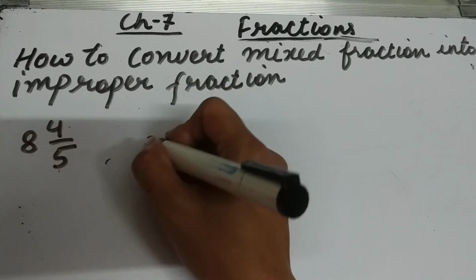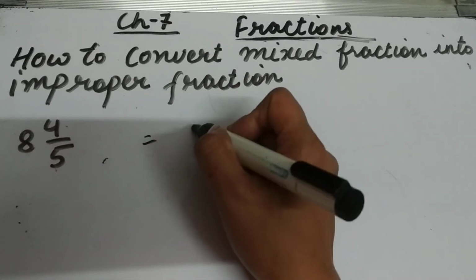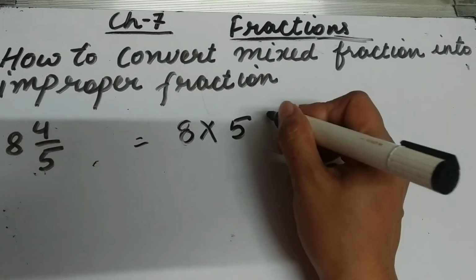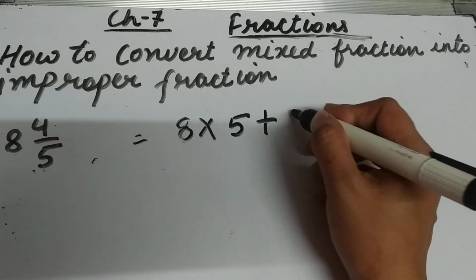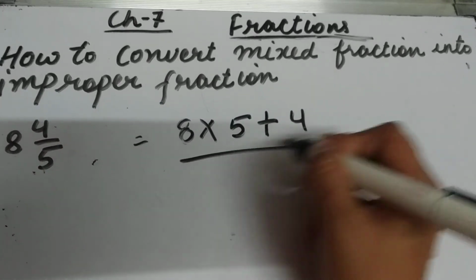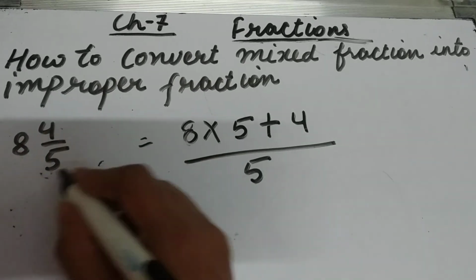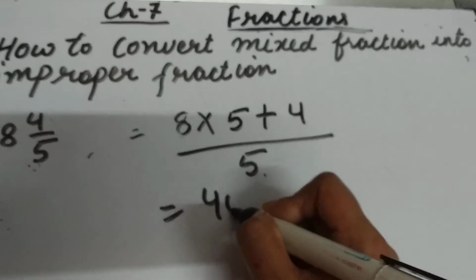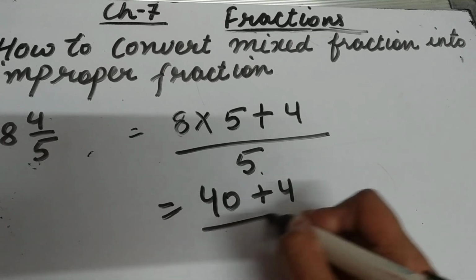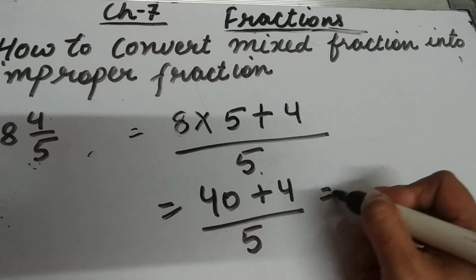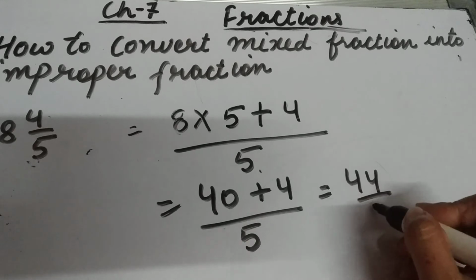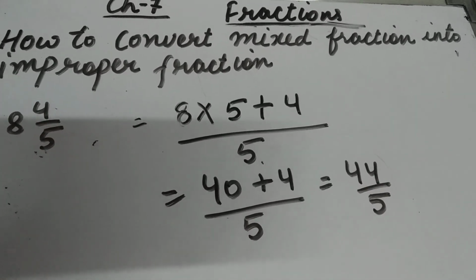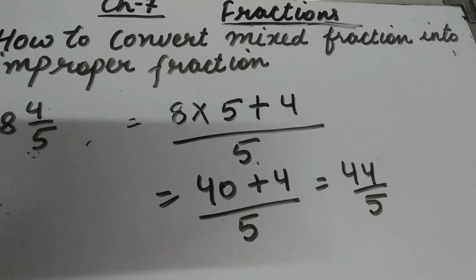So we will multiply the whole number part by the denominator and add the numerator to it, and the denominator will remain the same. This 5 will remain the same. So 8 5s are 40 plus 4 upon 5. This is 44 upon 5. So this way we convert a mixed fraction into an improper fraction.